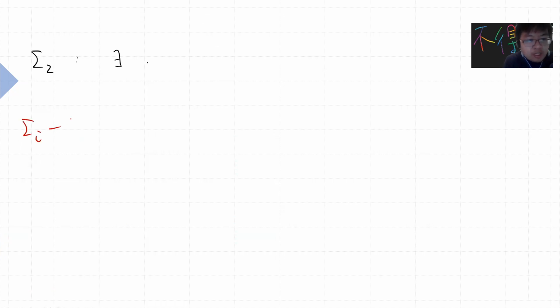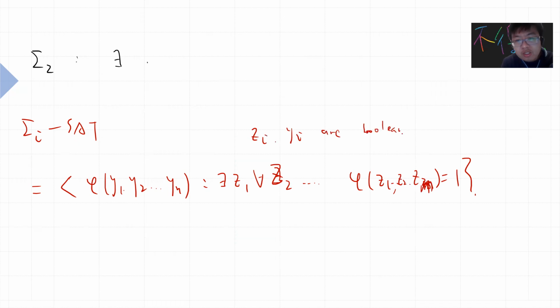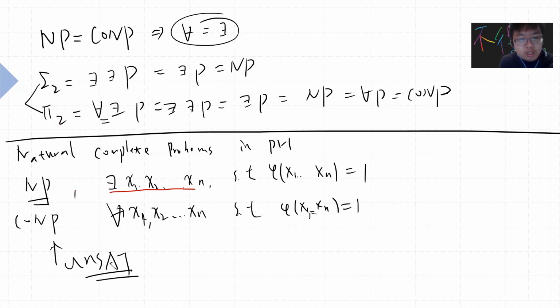Let me write down the sigma i SAT, which is a language. It's phi of y1, y2 up to yn, and there exists z1, for all z2, and so on, such that phi of z1 to zn is 1, and all the zi and yi are Boolean vectors. In NP you get the vector x such that phi of x is 1, right?